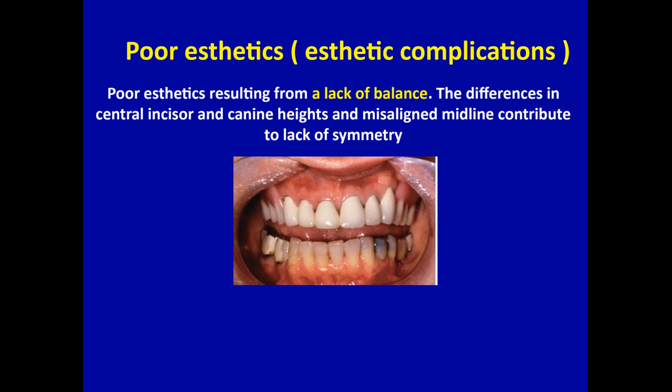If there is any difference in the central incisor and canine height and a misaligned midline, this will contribute to a lack of symmetry. In this case, there is a difference in height. This is the height of the central, and this is the height of the canine. There is a difference between them.